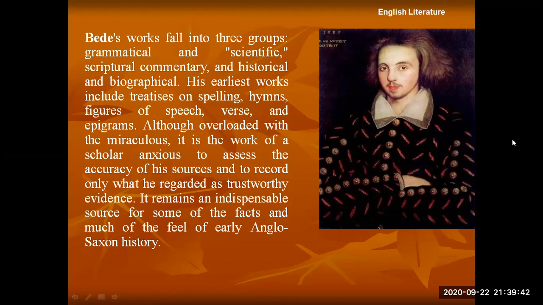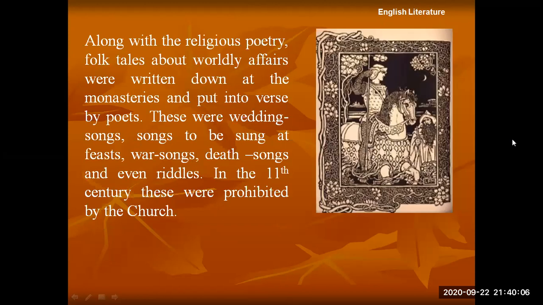It is the work of a scholar anxious to assess the accuracy of his sources and to record only what he regarded as trustworthy evidence. It remains an indispensable source for some of the facts and much of the feel of early Anglo-Saxon history.